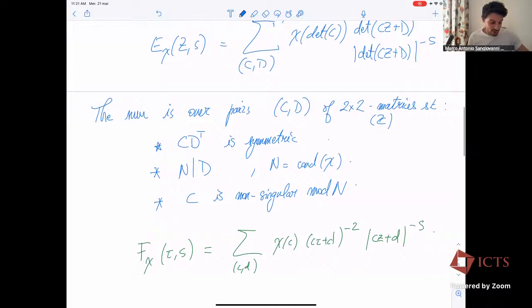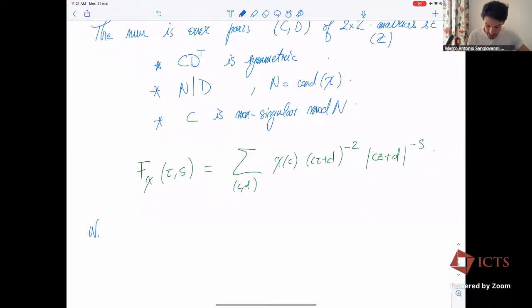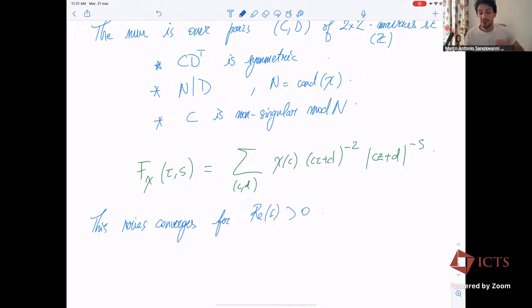Okay, so now this series converges for the real part of s greater than 0.